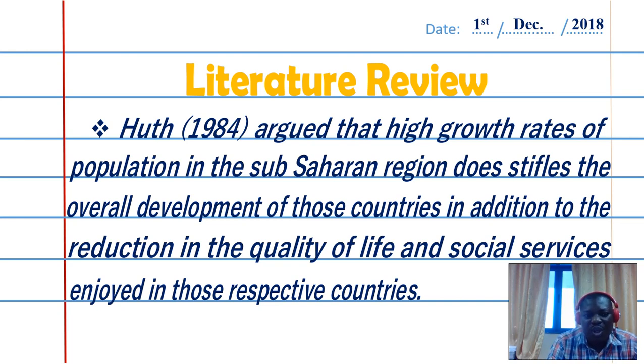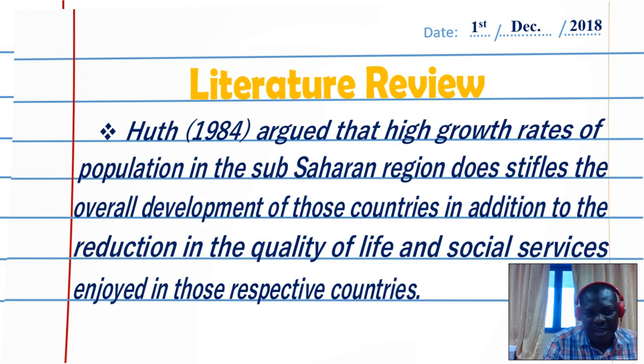Why? Because you will need to cater for the growth of the population. The population will struggle to get access to quality of life and social services. So Hughes is actually looking at population growth as something that negatively affects productivity and access to social services and quality of life.